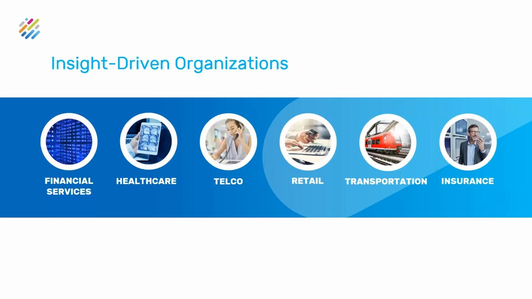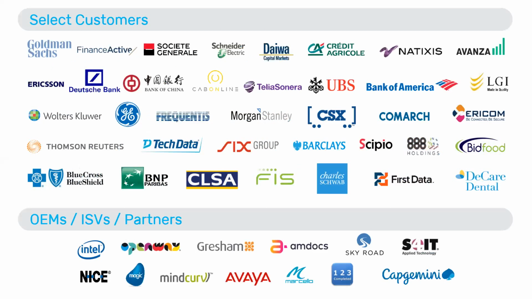And again, because the product itself is generic, it can be used in other verticals as well. Here's a select list of our customers. And you'll also notice in the bottom that we also have OEMs and ISVs and partners, which means that beyond the direct customers, we also have thousands of installations.